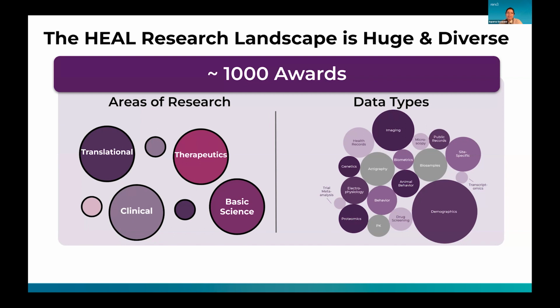And here, the challenge is not a scarcity of data, but rather an abundance of data, and how to make the best return on investment from the huge amount of money being spent by NIH and the federal government, and how to allow people to discover knowledge and make best use of the data being generated by the HEAL program. Next slide, please.